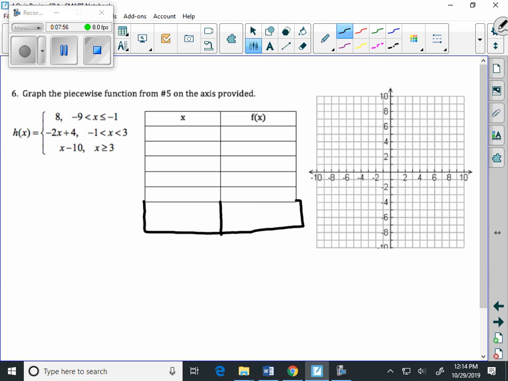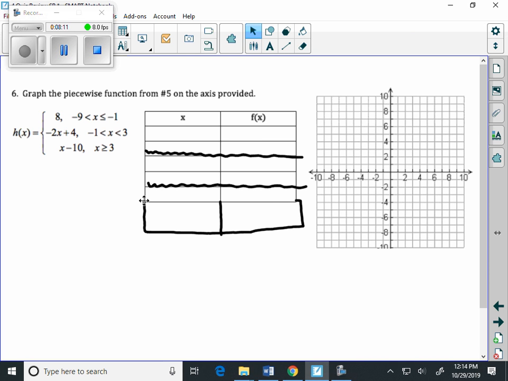We have 3 pieces here, so when we draw our graph, we're going to have a break here and a break here. I'm not going to fill in the whole box because I need at least that many.